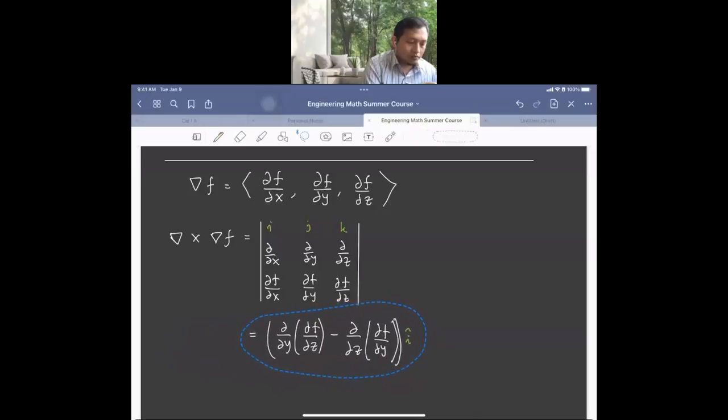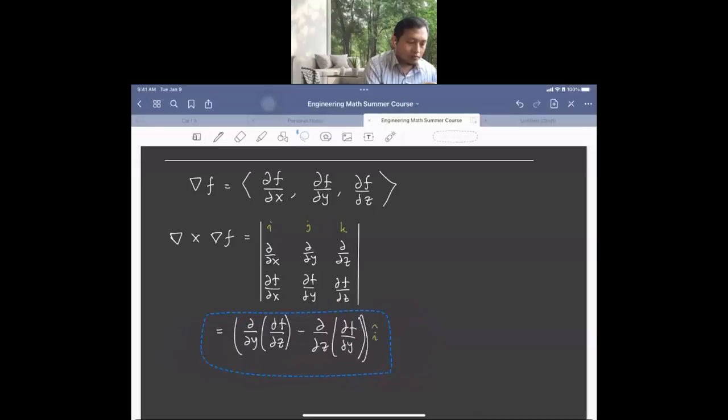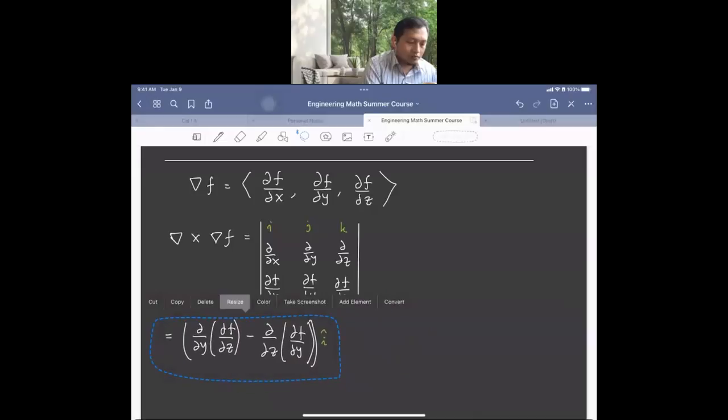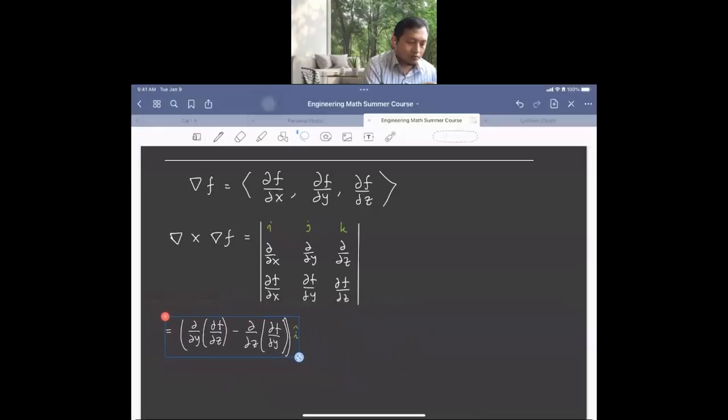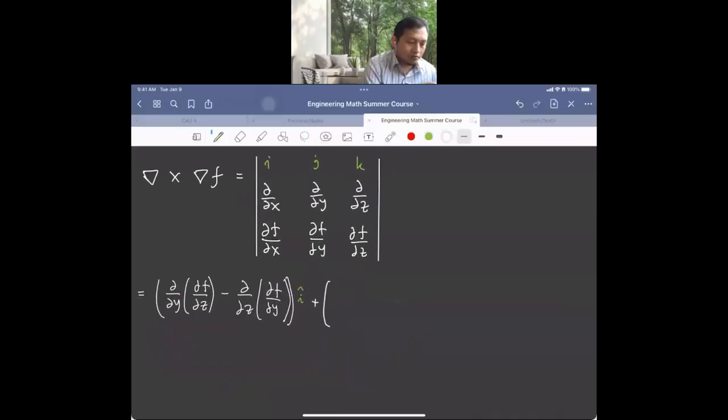Let me write around here, make it a little bit smaller. And then plus del x of del f del z minus del z of del f del x.